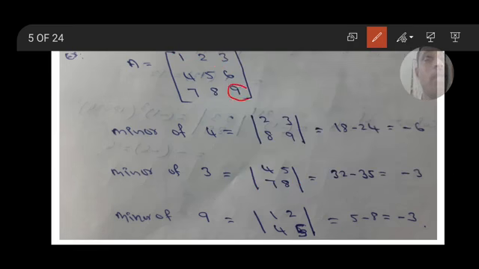Minor of 9 means we have to remove the row and column the element is in. The resultant matrix is 1, 2, 4, 5. Its determinant: 1 into 5, 5, minus 2 into 4, 8. 5 minus 8 is minus 3. This is the minor of an element. The remaining resultant matrix determinant is called the minor of that element.